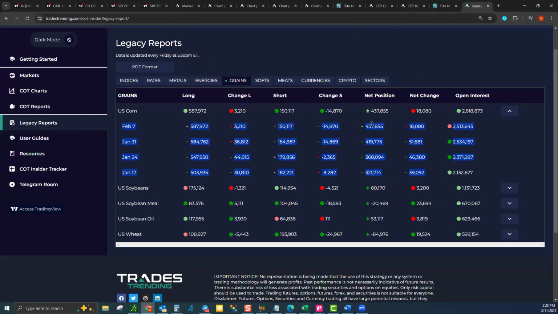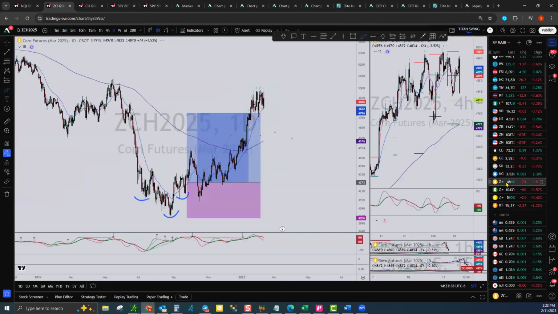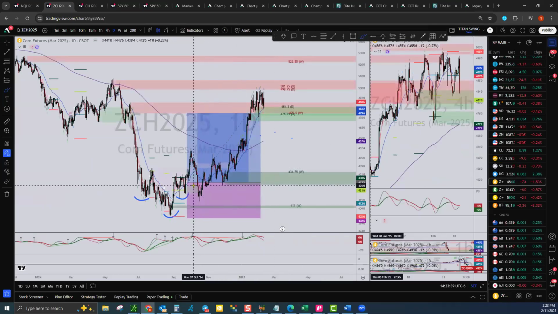Look at the last 4 weeks. We've gone from 321,000 to 368,000 to 420,000 to 440,000 net long. They're buying. Funds, smart money are buying. Institutional activity picking up, and that is why we are long corn. We're down here, actually.